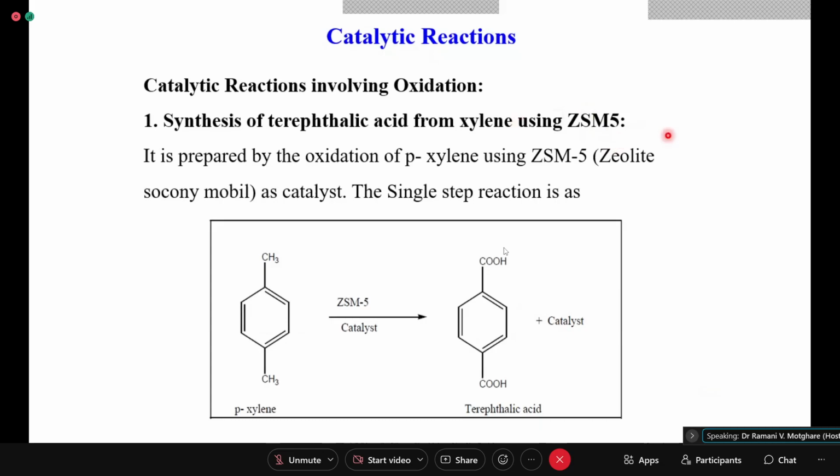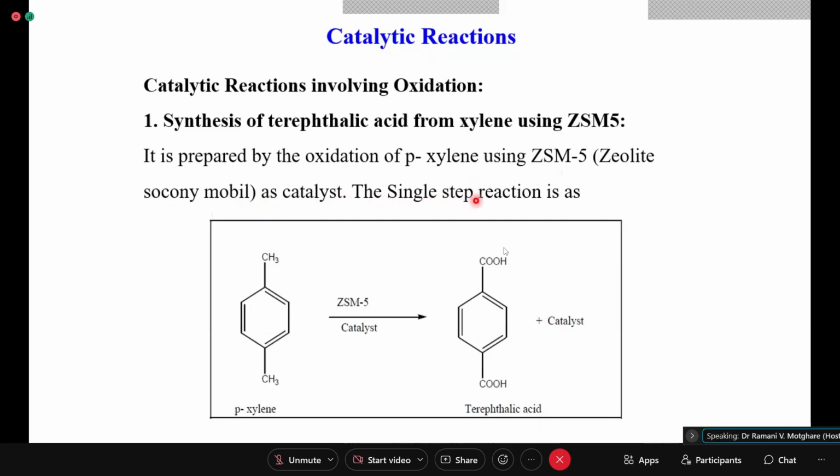Okay, so ZSM5 is the catalyst, that is Zeolite Socony Mobil. So that's the ZSM5, it is written here in short. So it is prepared by oxidation of paraxylene using ZSM5 as catalyst.